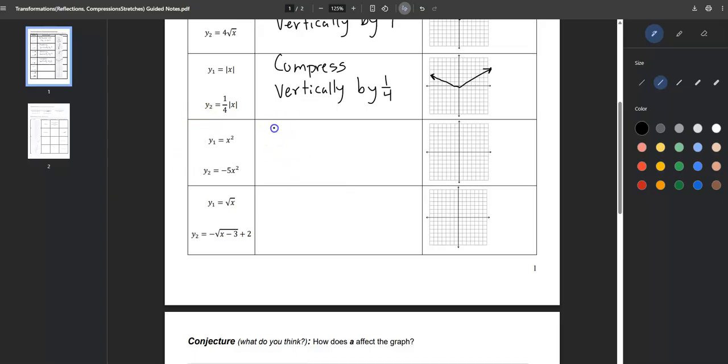This reflects, because of the negative, over the x-axis, but it also stretches it vertically, by 5 is what it's going to end up doing. So this ends up down here as this U shape, but it's stretched and reflected.